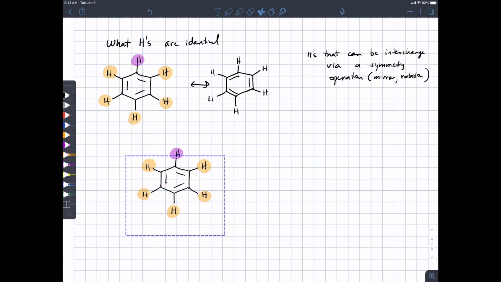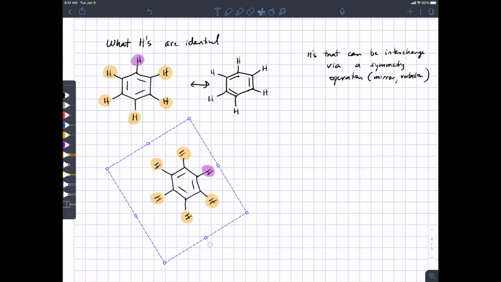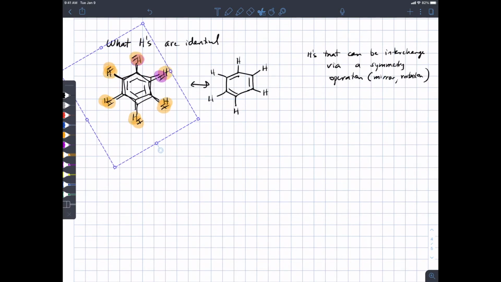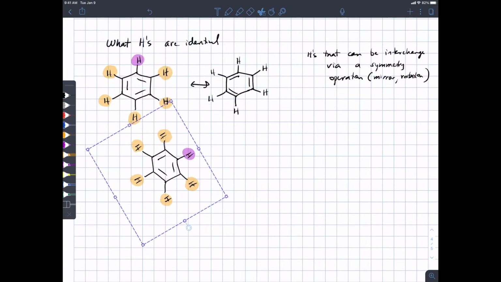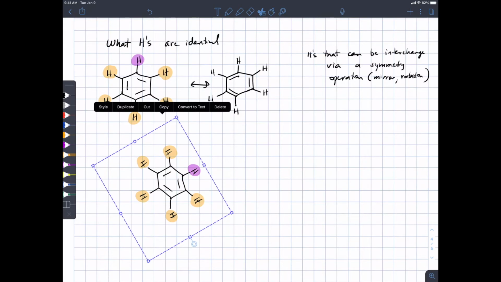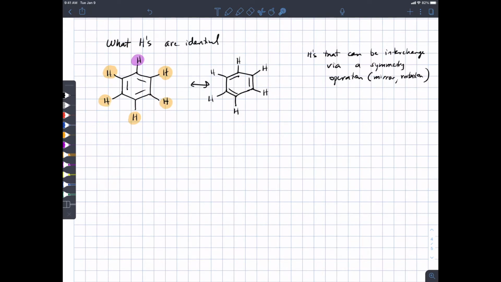If I draw the box, I can rotate in a controlled way. Same, right? Alternatively, you could note that there is a plane of symmetry here that makes these two protons equal to each other and these two protons equal to each other, and you could make that conclusion.